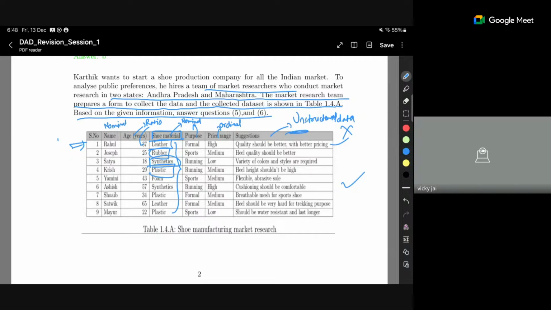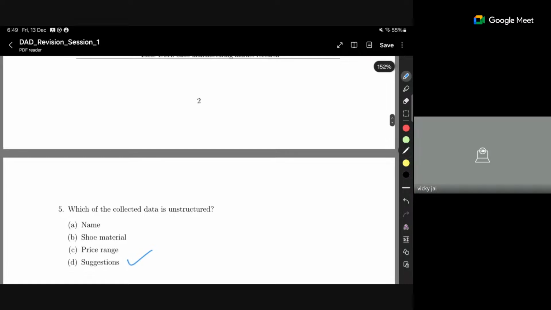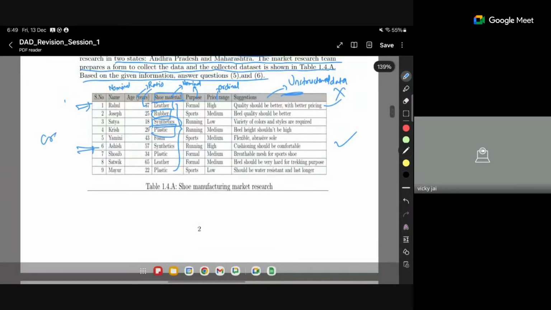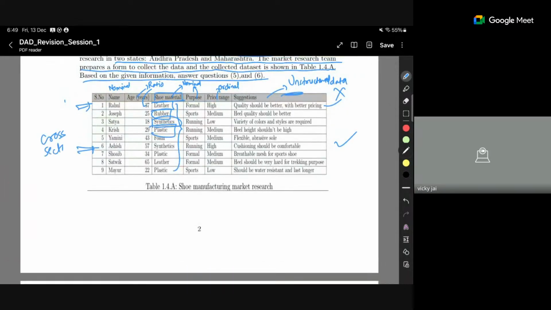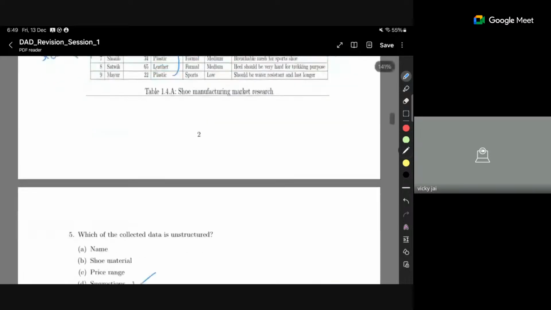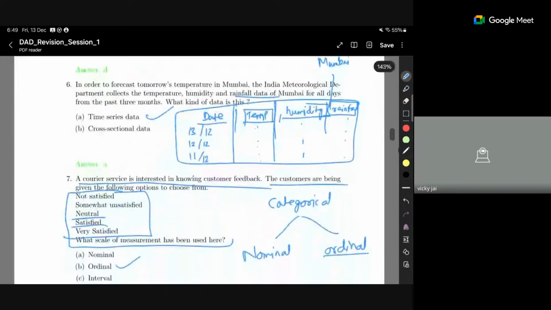This person bought this, another person came and bought something at any time. It is not bounded by time, so that kind of data is cross sectional. And this is time series data.